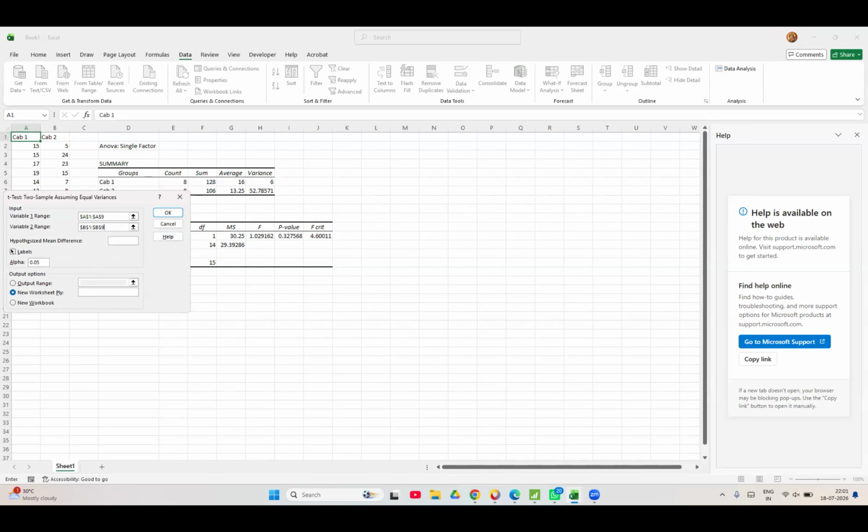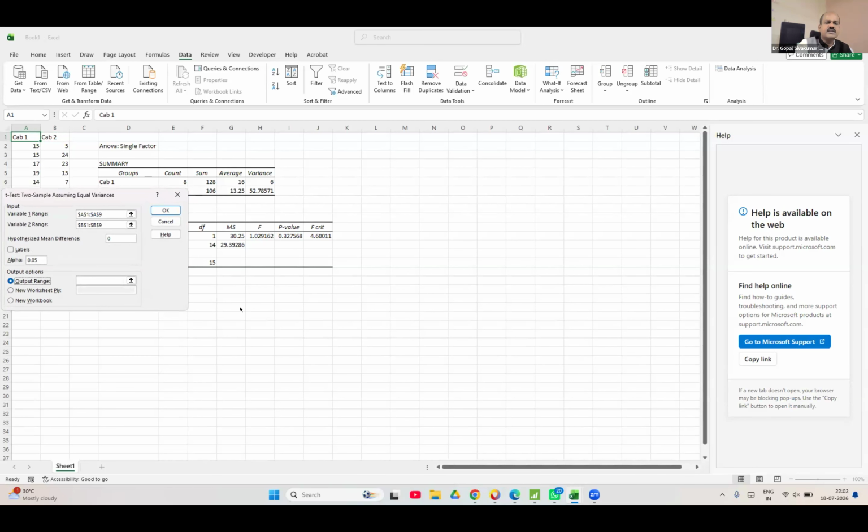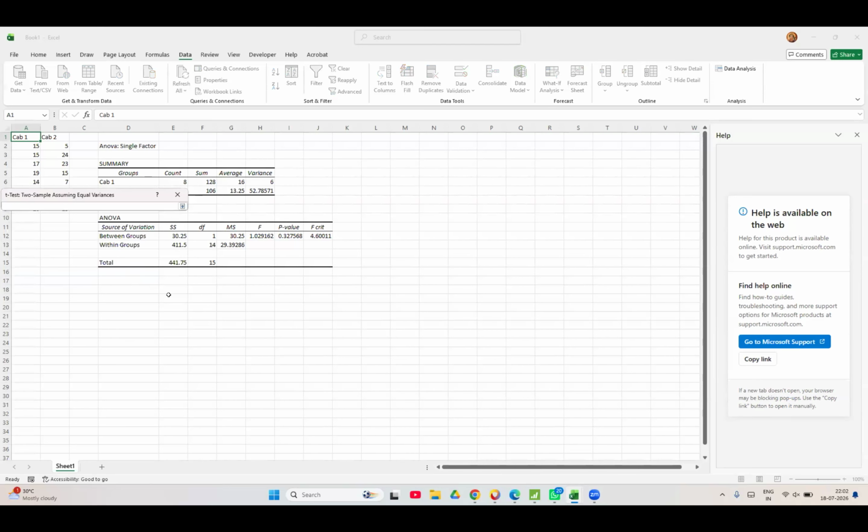You have to tick labels and set the hypothesized mean difference to 0, no difference. Then choose the output range, where you want the result, either just below or beside.